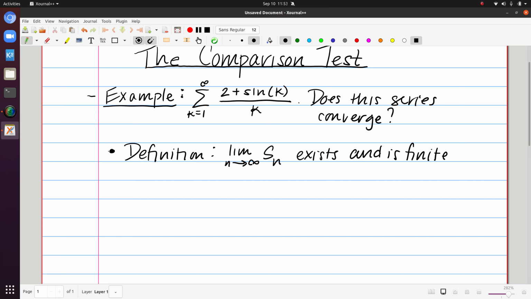And in order to use this, we needed to come up with a closed form expression for the nth partial sum. We saw that this was particularly useful when we had telescoping and geometric series, because in both of these cases, we could find a formula for the nth partial sum.